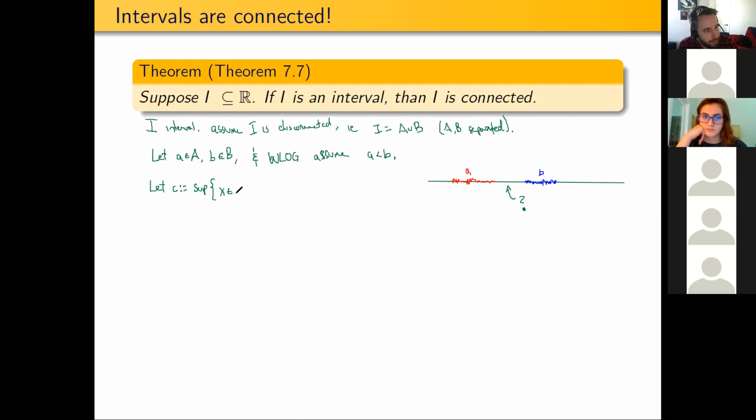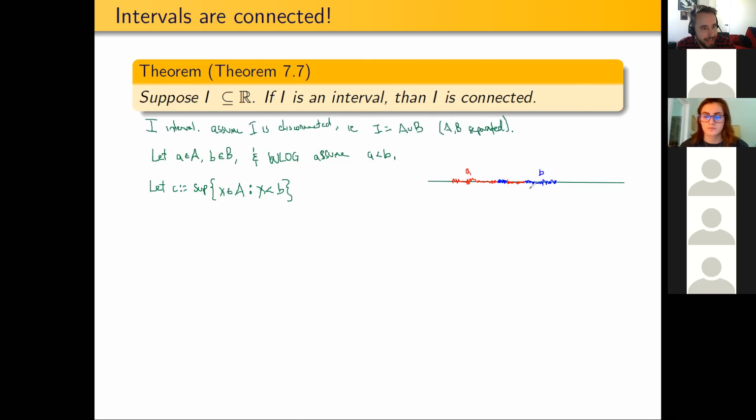The set of all x values that are in A such that x is less than b. By the ordering, there's nothing that says my set A and set B have to themselves be connected. Maybe all of my blue color here represents set B, and all of my red color represents set A. But what I'll end up getting is a supremum, over here.